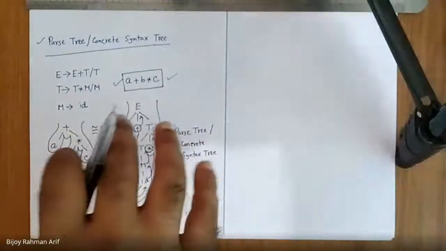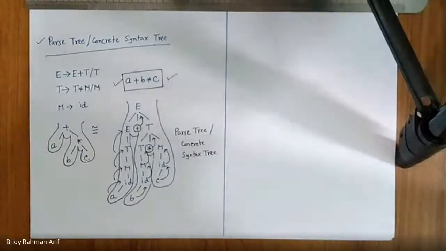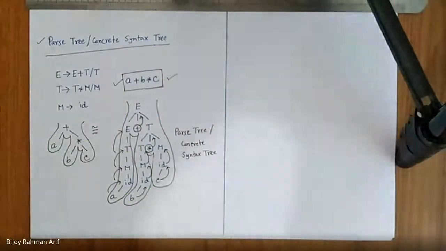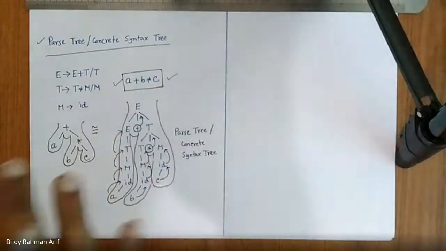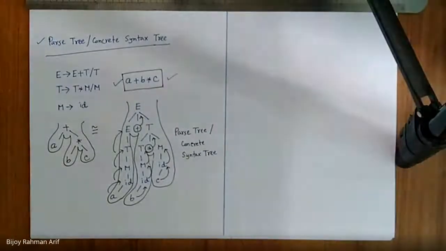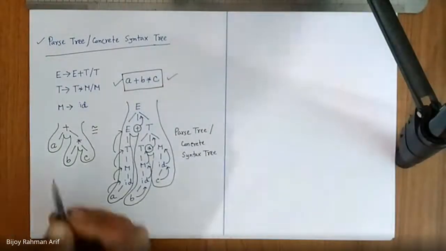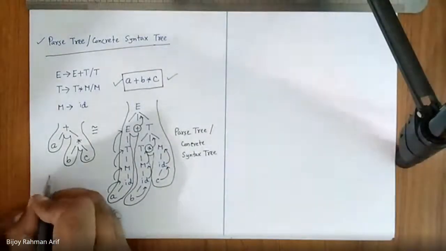The right side tree is big and requires more space. On the other hand, the left one is compact and requires less space. Moreover, big tree traveling requires more time, and smaller tree traveling requires less time. So this very compact way of representation is called abstract syntax tree.